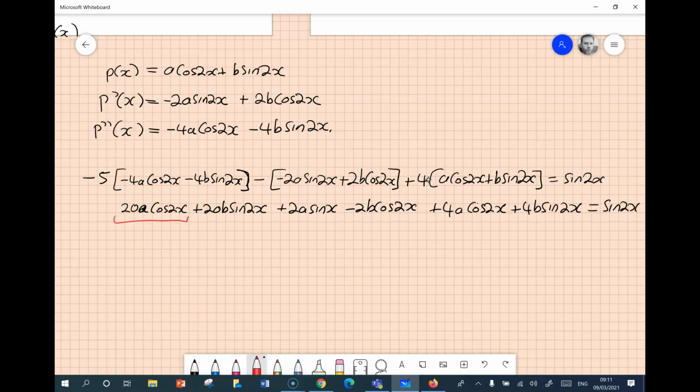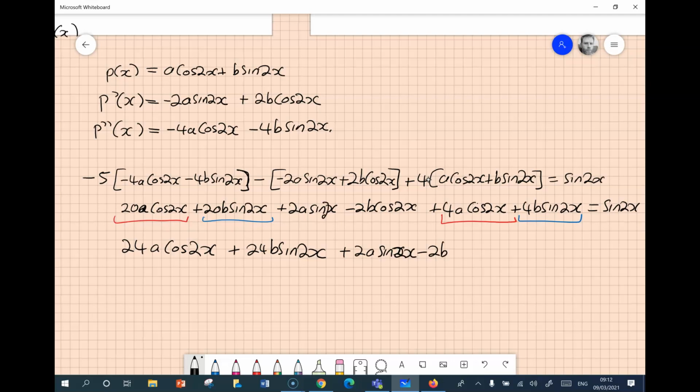So we've got 20a cos 2x plus 4a cos 2x, that's 24a cos 2x. Then I've got 20b sine 2x and 4b sine 2x, that's 24b sine 2x. And then the last two, they're not like terms, so it's just plus 2a sine 2x, apologies, that's supposed to be sine 2x of course, minus 2b cos 2x equals sine 2x.